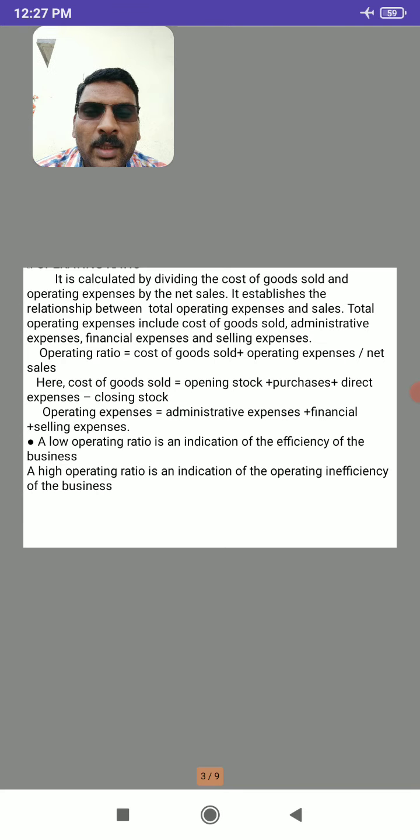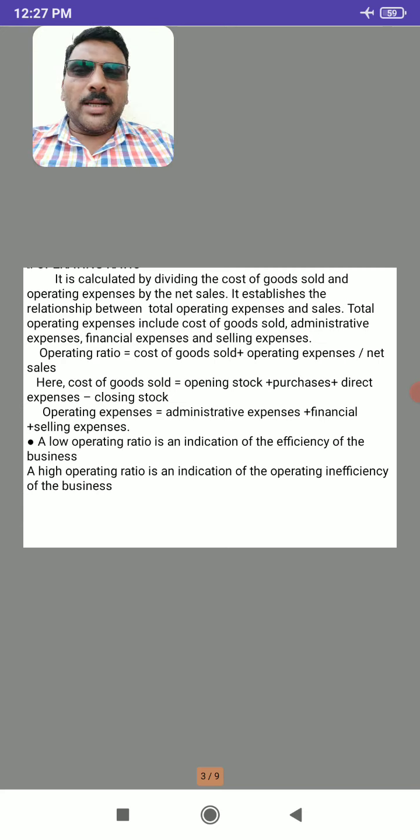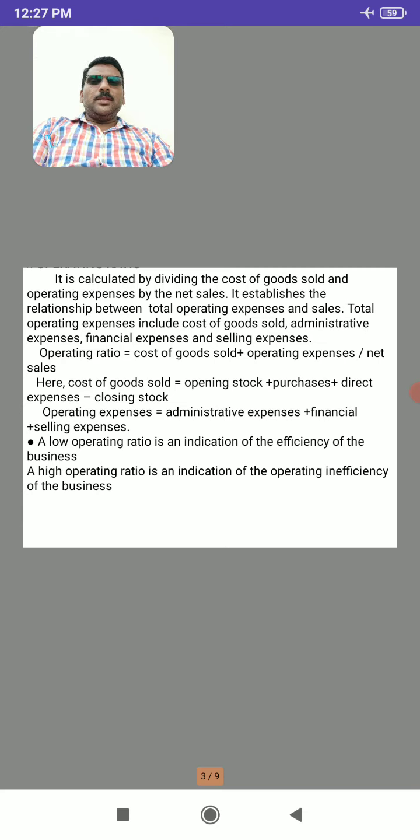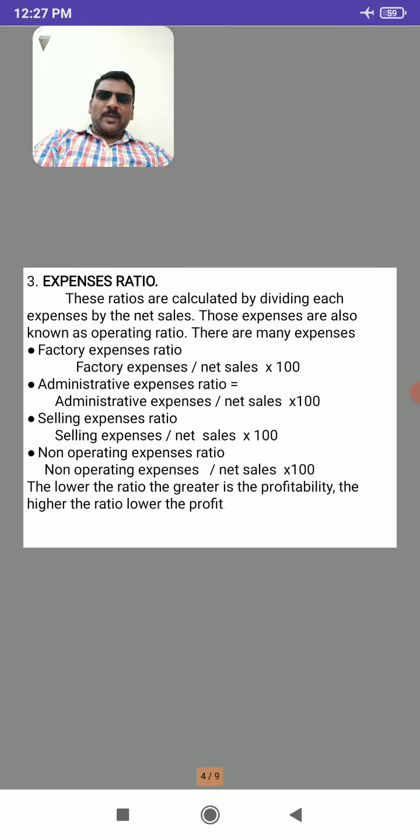If the firm has a low operating ratio, automatically the financial position of the firm will be in a sound position, or the profit earning capacity of the firm will be very high. So next, third one is expenses ratio.